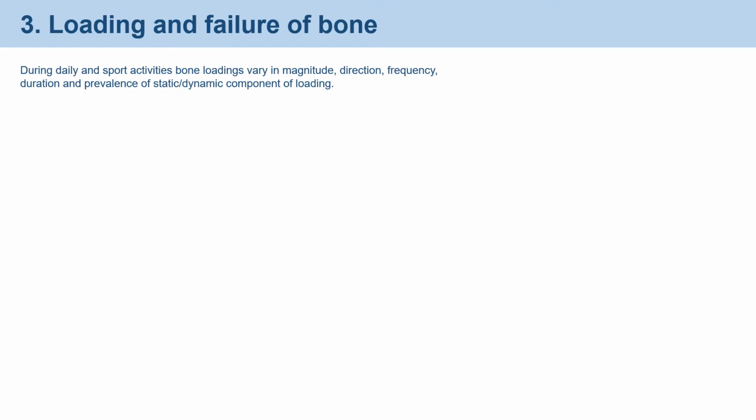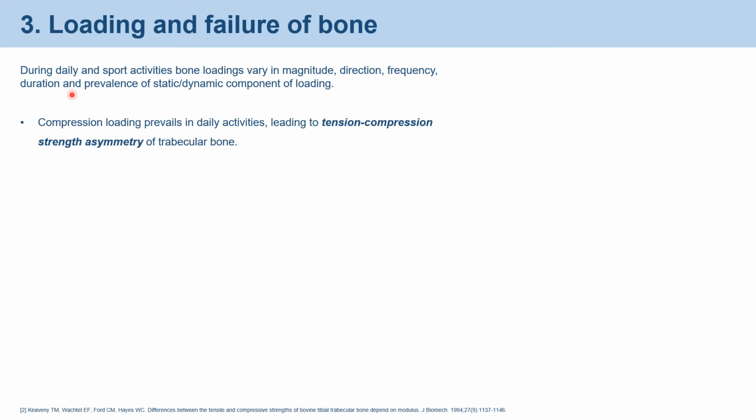During daily and sport activities, bone is subjected to loadings that may vary in direction, in frequency, in duration, and in magnitude. And what's interesting is that trabecular bone strength is characterized by the so-called tension-compression strength asymmetry. It was found that on average, tensile strength of trabecular bone is just about 60 to 70% of its compressive strength.